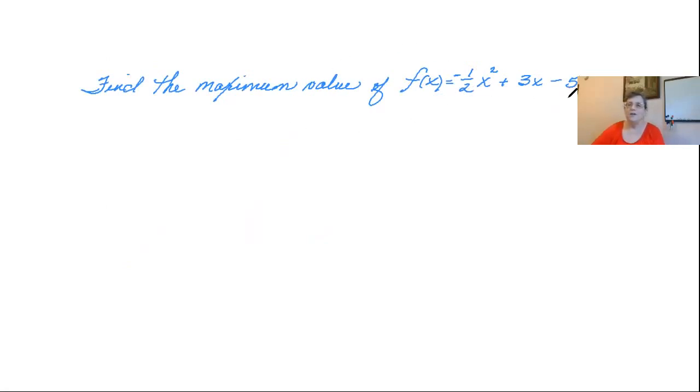The maximum value, because this has a negative a value, it's negative 1/2 x squared, and a is always the coefficient of the x squared. So the maximum value, the x value, will be negative b over 2a. That's going to be where it occurs.